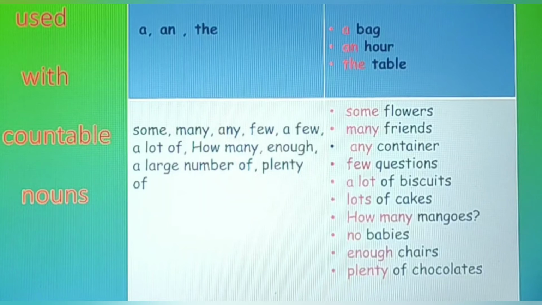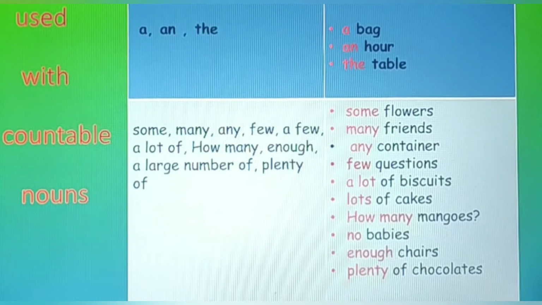Or egg, the word starts with E, which is a vowel, right? So I'll write an egg. Here in our example, we have hour, right? Even though the word starts with the letter H, the H is silent there. So we would write an hour.